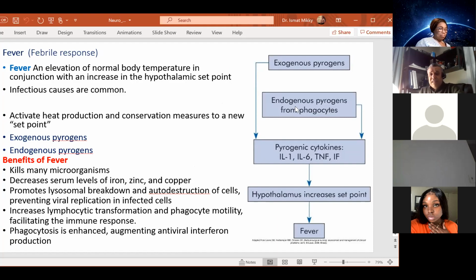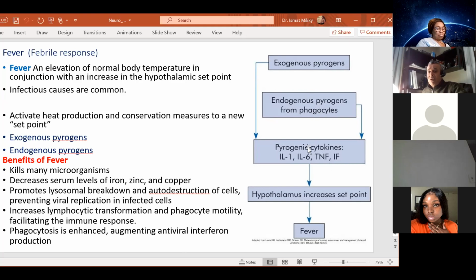So fever is an elevation of normal body temperature in conjunction with an increase in the hypothalamic set point, which is exactly what I mentioned earlier, and we discussed this back in the chapter about infection: the mechanism of how patients develop infection based on exogenous pyrogens and bacteria, and how bacteria release toxins and lipopolysaccharides.